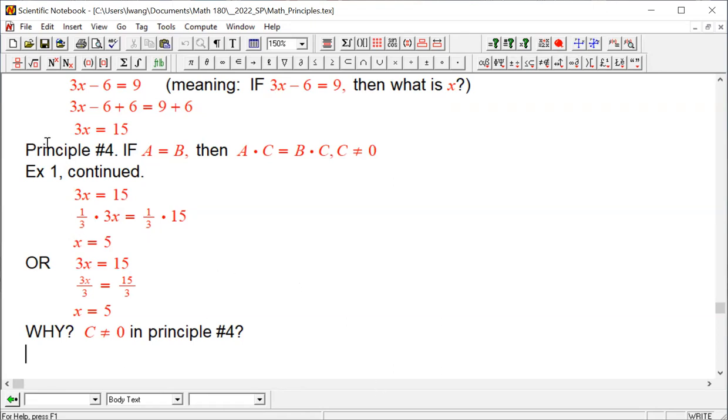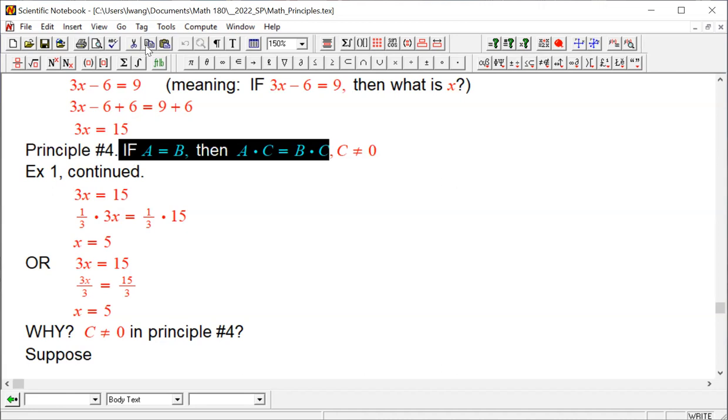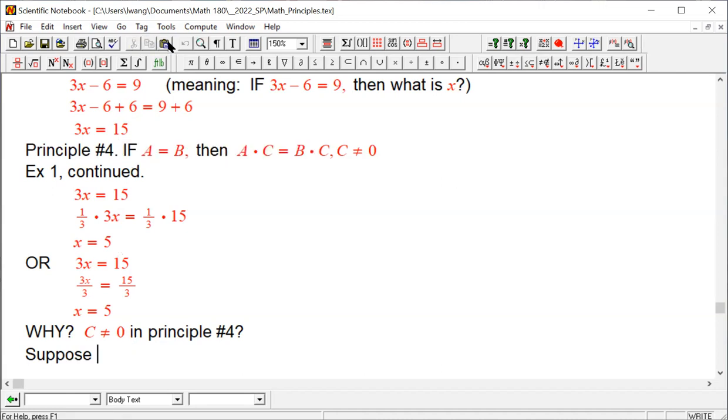So pretend, suppose we don't have that. Suppose we remove this condition, that C cannot be 0.